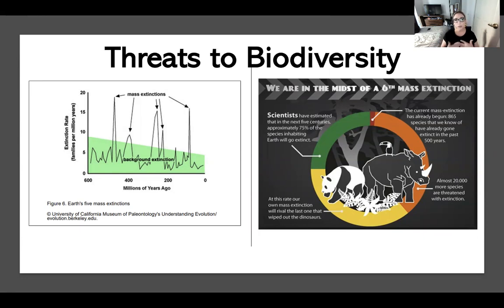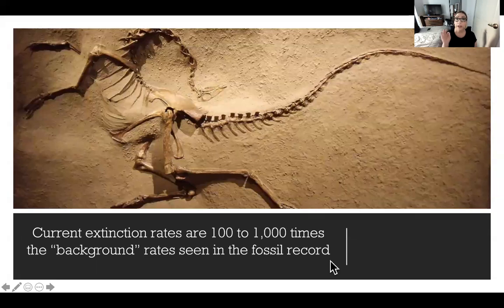The sixth one is caused by humans, almost entirely by humans. So if you look at the right side here, in the next 5 centuries, 75% of the species inhabiting Earth will be extinct if we continue treating the environment like we do now. So this is an area of major concern.